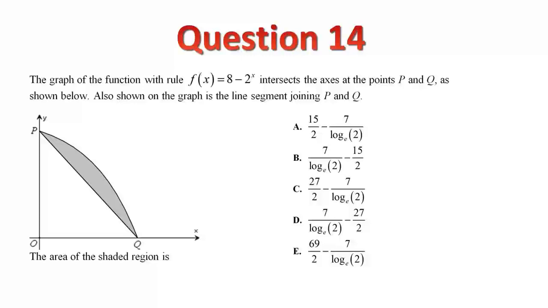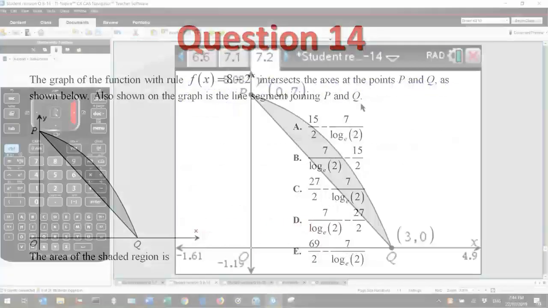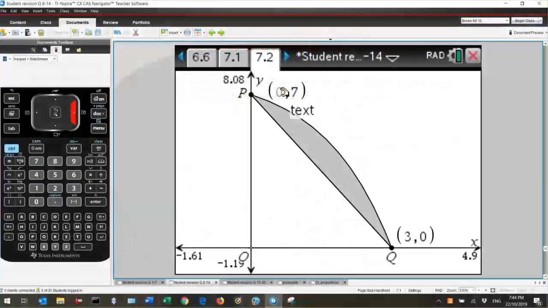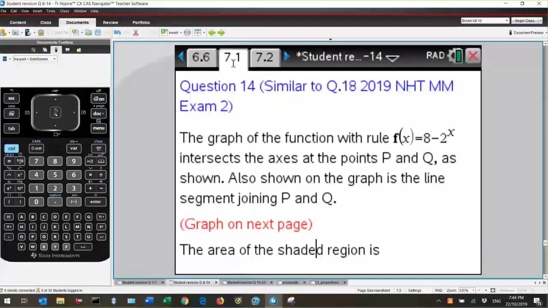The first thing you need to do is to work out the coordinates of P and Q, which, given the function f of x equals 8 minus 2 to the x, is easy enough to work out in your head. You substitute x equals 0, and so you're going to get y equals 7, and you substitute y equals 0, so you're going to get 8 minus 2 to the x equals 0, so obviously 2 to the 3 is 8, x is 3.